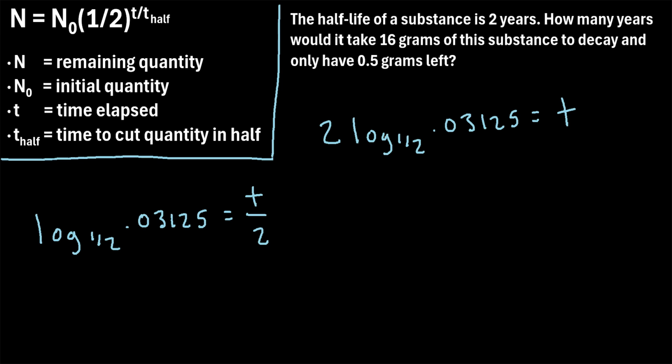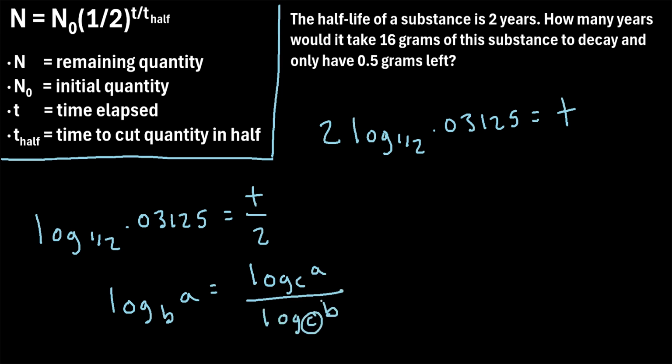Now, some calculators or some software that you use might be able to use the log of base 1/2, but some aren't able to do this. So one thing that you can do is you can use something known as the change of base formula. And I'll link to another video that I have on that. But this formula says if you have the log base b of a, you can rewrite this as the log base c of a over the log base c of b, where c is just any number that you'd like to use for the base.